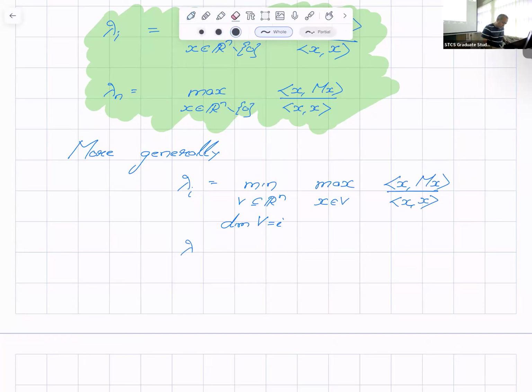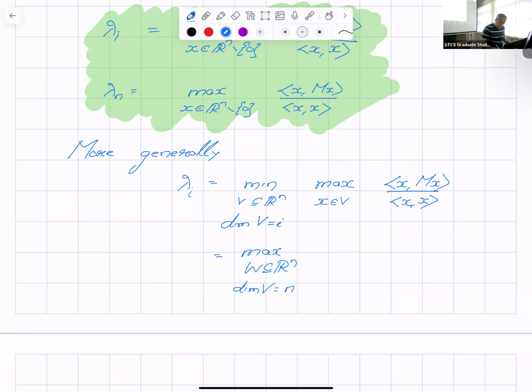And this is also equal to the max over all subspaces W of R^n with dimension n minus i plus 1, of the min over x in W.